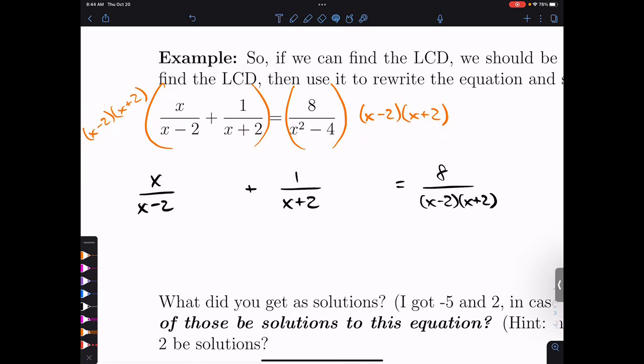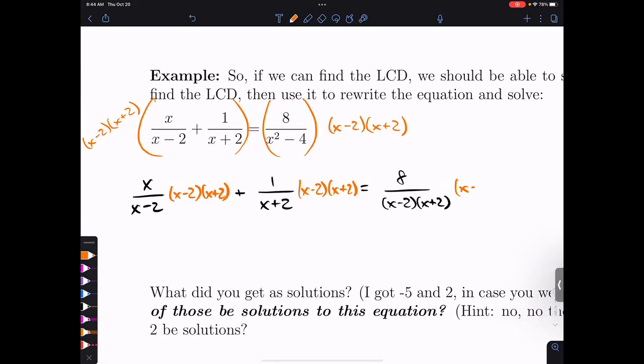There we go. Multiply both sides of the original equation by that common denominator. What happens then is that on the left, you have to distribute because you're adding, right? So it's this times x minus 2 times x plus 2. Same thing here and same thing here.